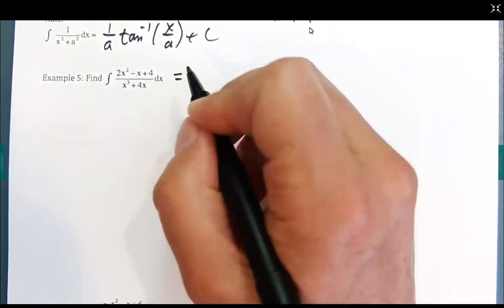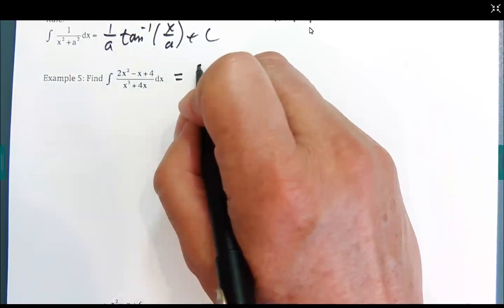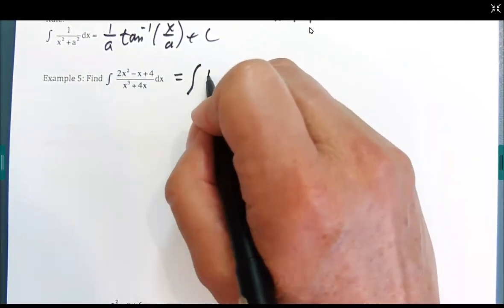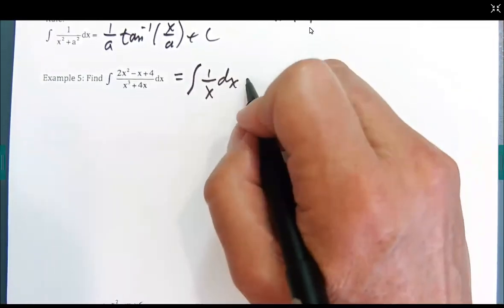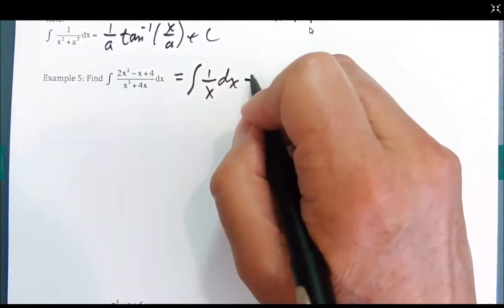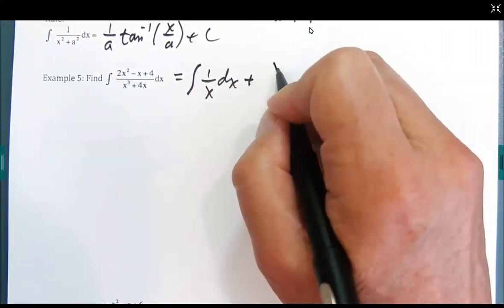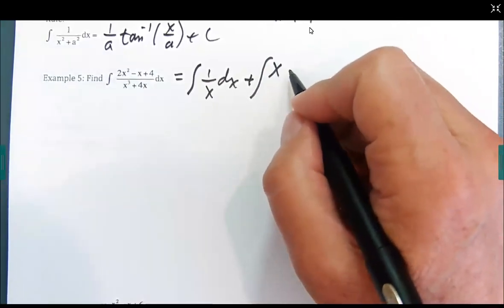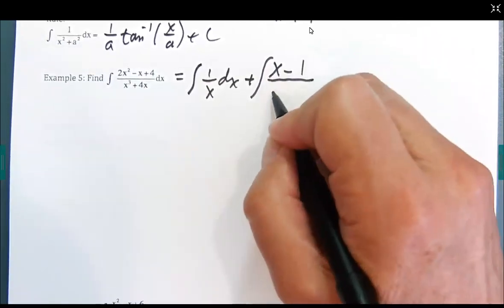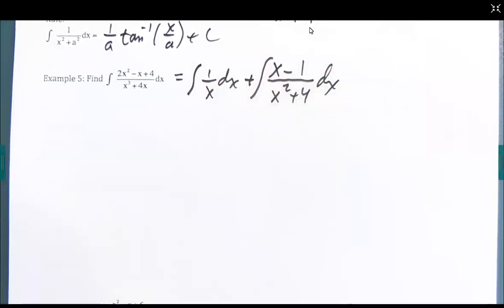This becomes a, which was 1, the integral of 1 over x dx, plus b is also 1. So that's going to be the integral of x minus 1 over x squared plus 4 dx. So that's nice to break it down like that.